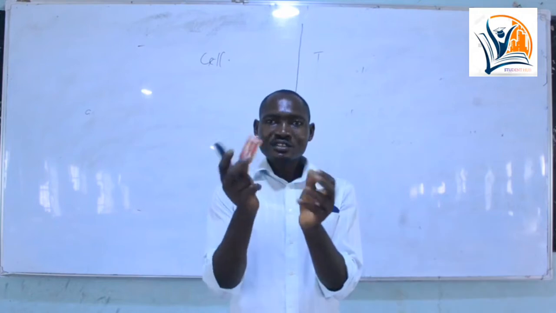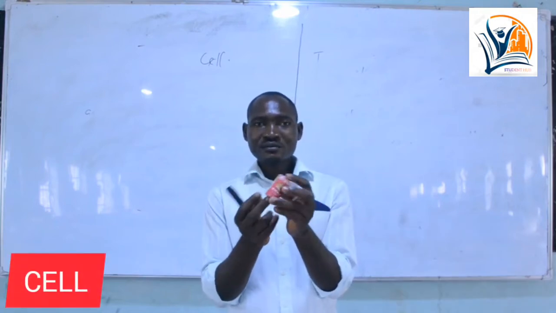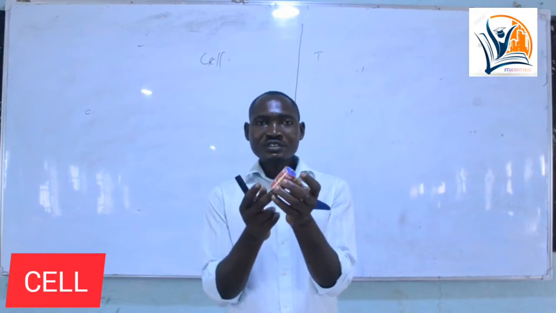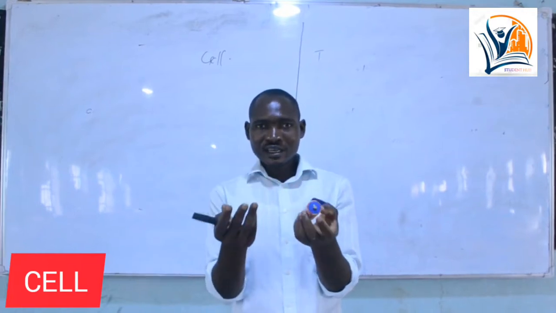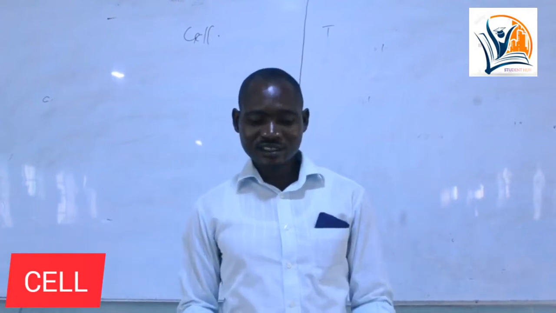You know, inside this battery it has chemicals. So you connect a bulb to this, you can see a light. So we say that a cell is a device that converts chemical energy to electrical energy.